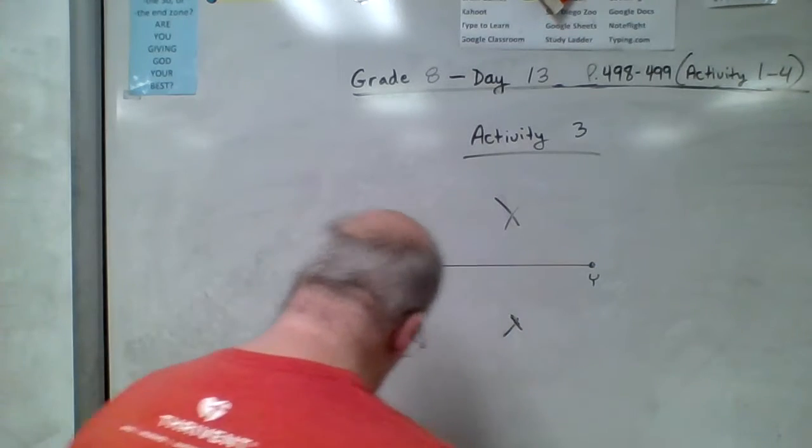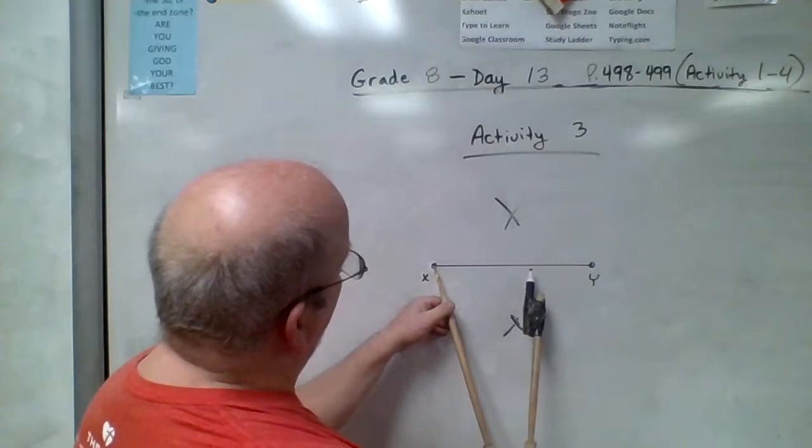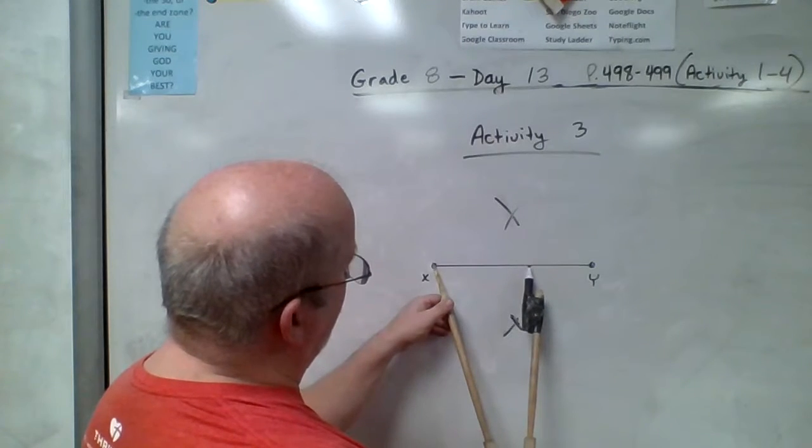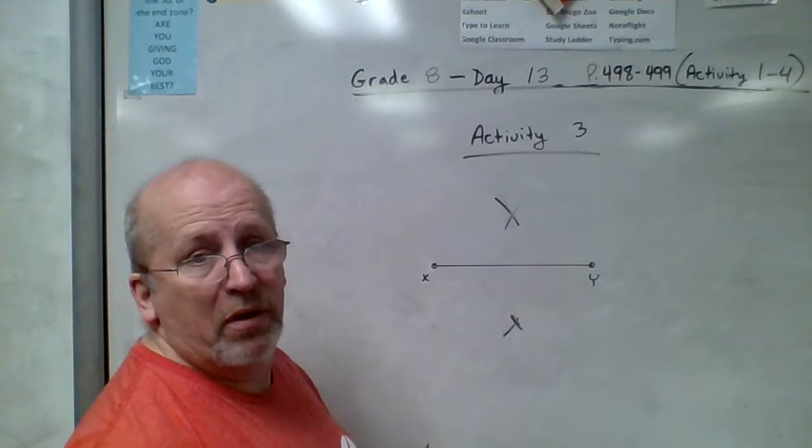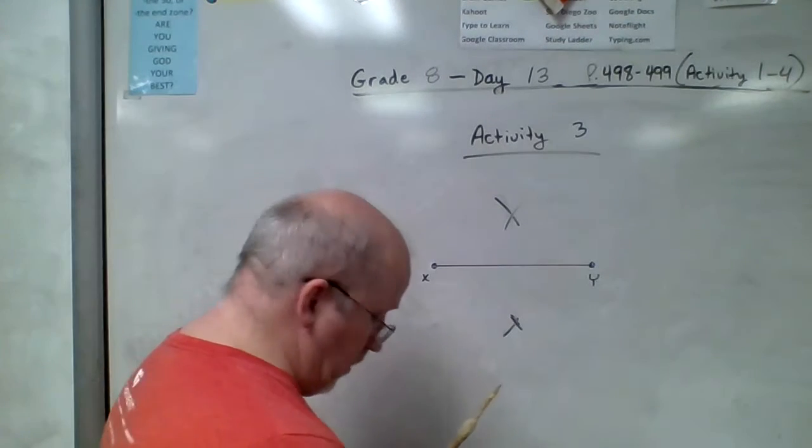Now, you'll notice when I draw these arcs, the distance that I open my compass needs to be a little bit bigger than halfway across the line segment to make this work.